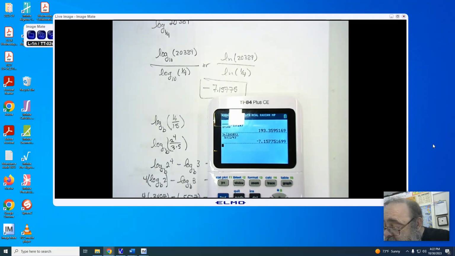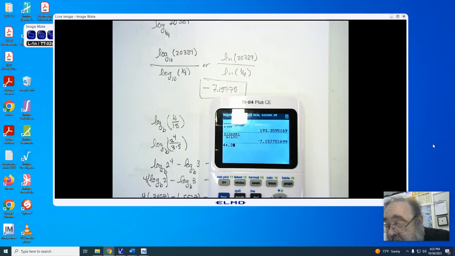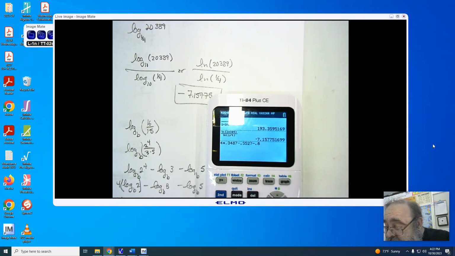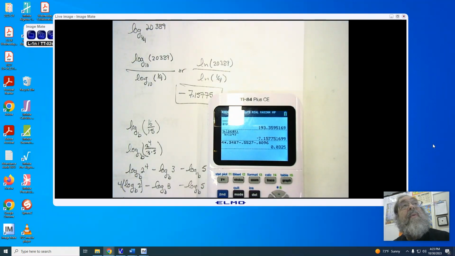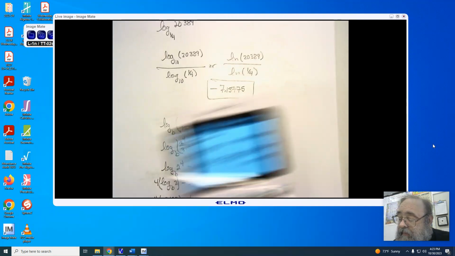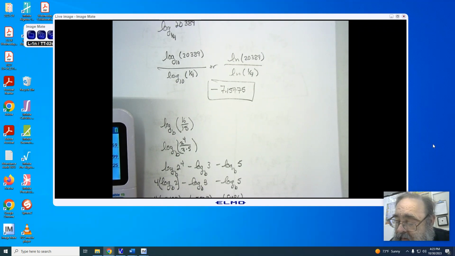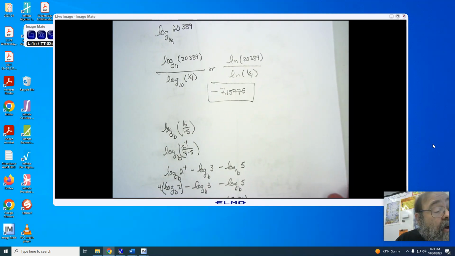So I'm going to go 4 times 0.3487 minus 0.5527 minus 0.8096. Hitting enter will give me the value, and the answer is 0.0325. And that's the answer we're looking for in number 8.